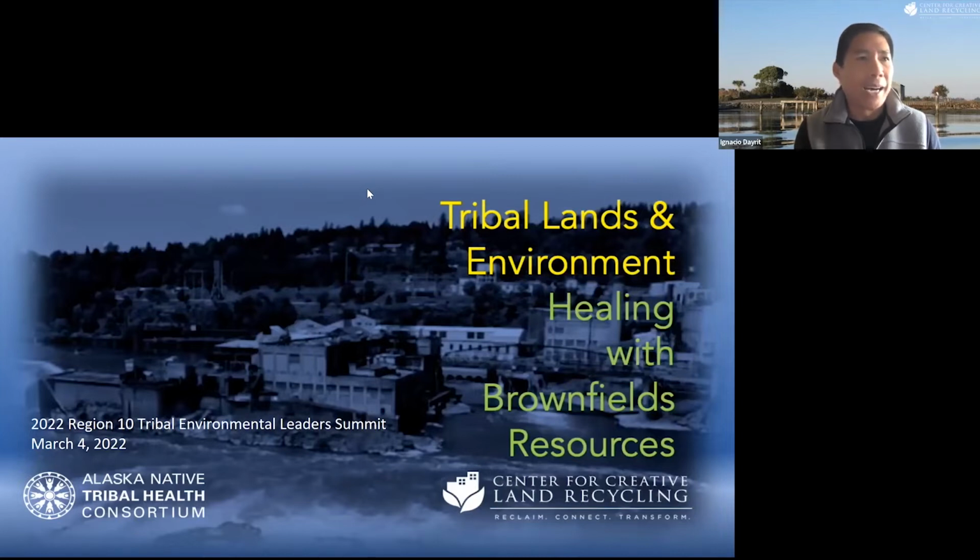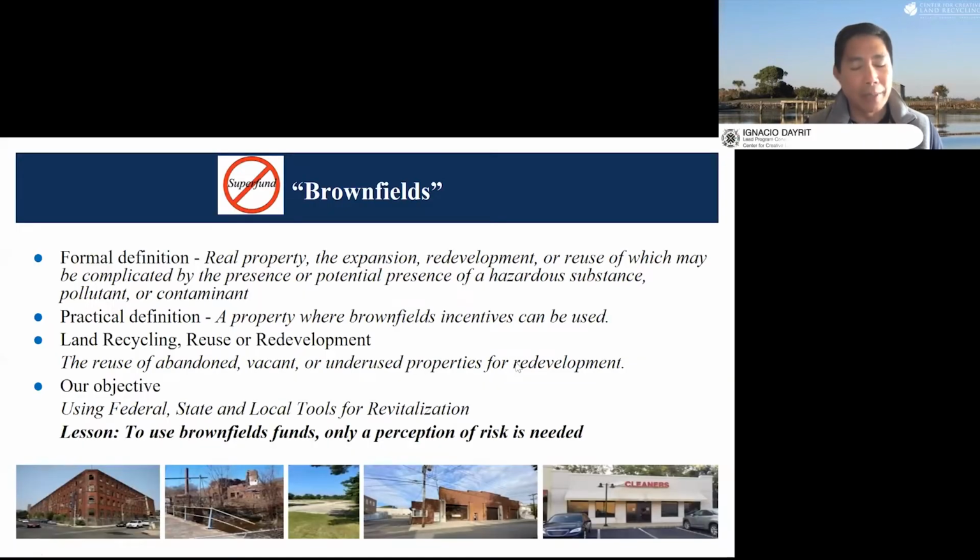So next slide. This is a case where our presentation is about how tribes have used brownfields resources for reusing sites. And when I say reuse, it's for different uses. We have the video that we're going to give you a teaser of.